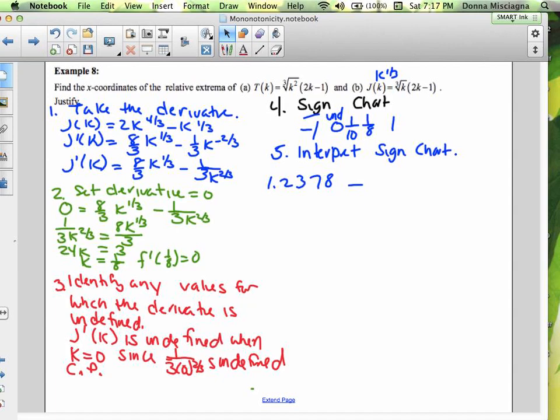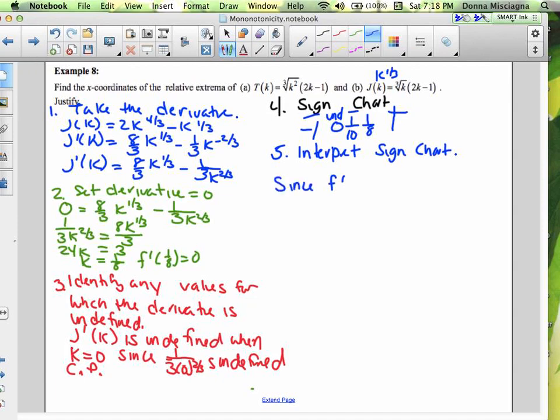All right, and then that times 3. So I'm going to divide 1 by 0.646, etc. So it's going to be negative. And then if I plug in 1, I'm going to have positive, because 8/3 minus 1/3 will be positive. There we go. Whew.